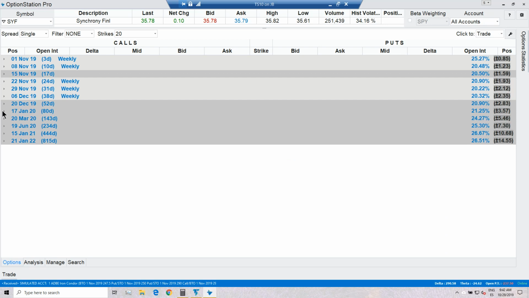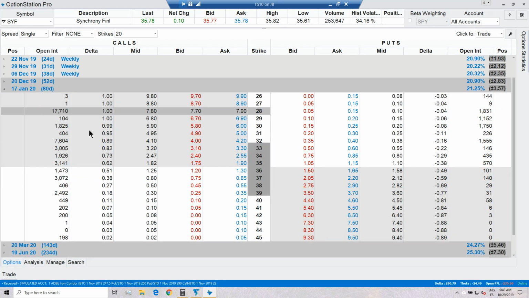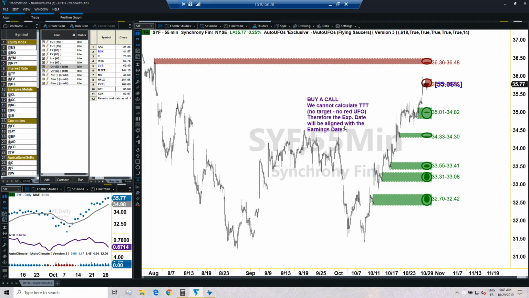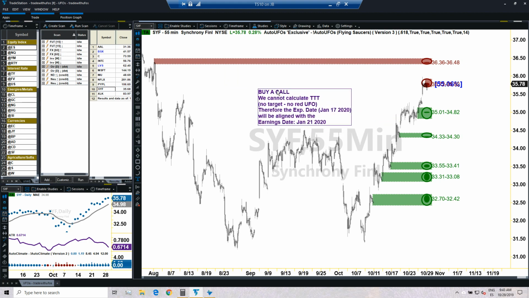The expiration date that is the most aligned is January 17. So we're going to use January 17, given the fact that earnings are on January 21st, 2020. So we will use an expiration date of January 17, 2020. That's the plan. And the call that we're going to buy, we still need to decide that one.